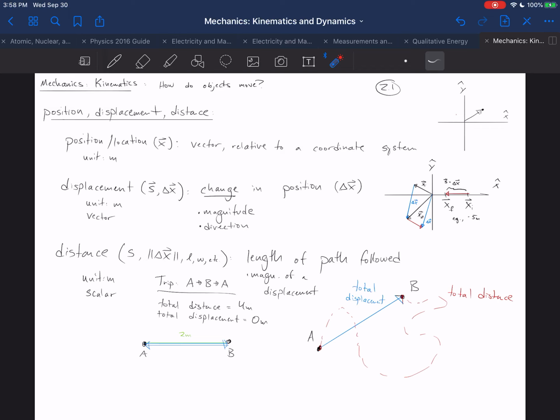In all of 2.1, which is pretty sizable, we're going to study kinematics, which is the study of motion, and it's a formalized way of describing how objects move.